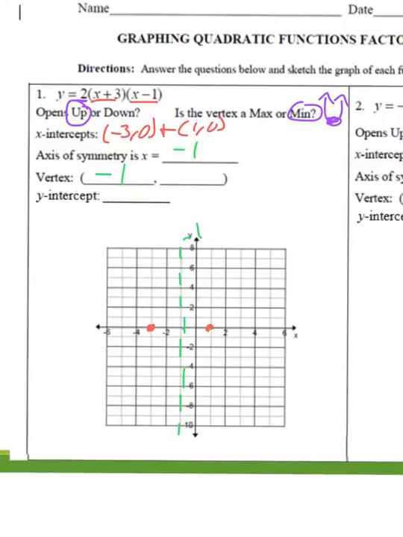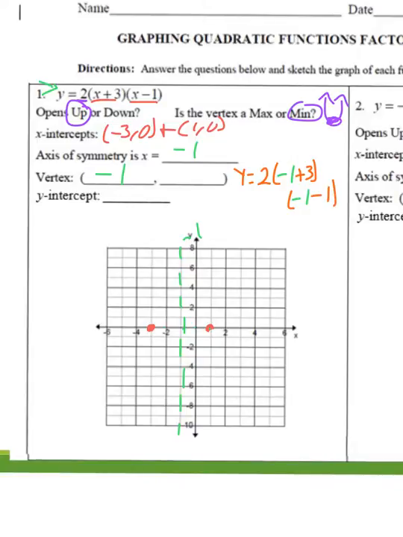I'm going to rewrite this equation, but anywhere there's an x, I'm putting negative 1. So y is equal to 2 times negative 1 plus 3 times negative 1 minus 1.